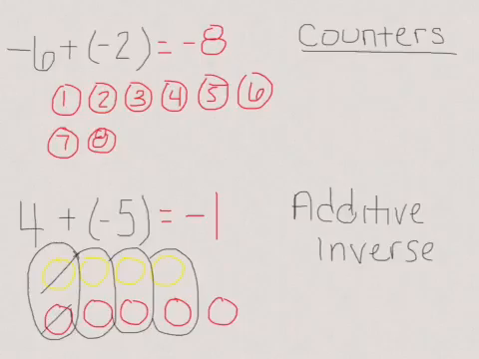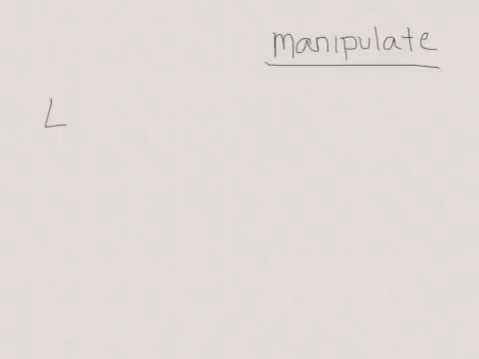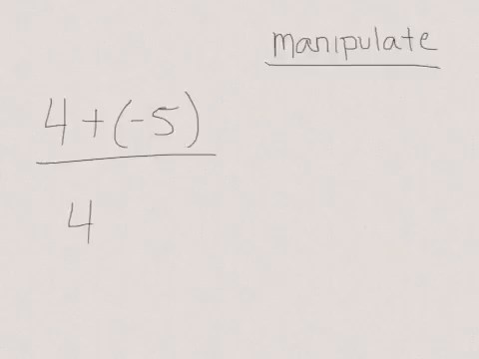And then by knowing additive inverse, we're able to manipulate that problem. So if we take 4 plus a negative 5, without the counters, eventually what I'd like for them to do is recognize that we would have 4 positives, and I have to add 5 negatives.